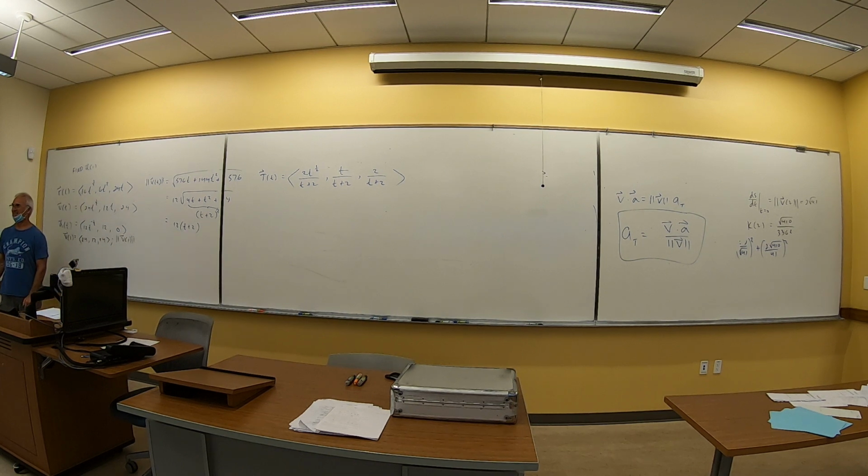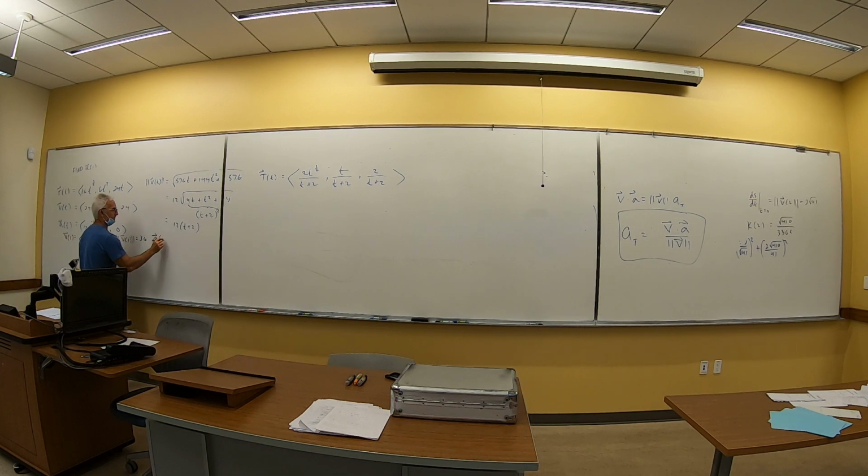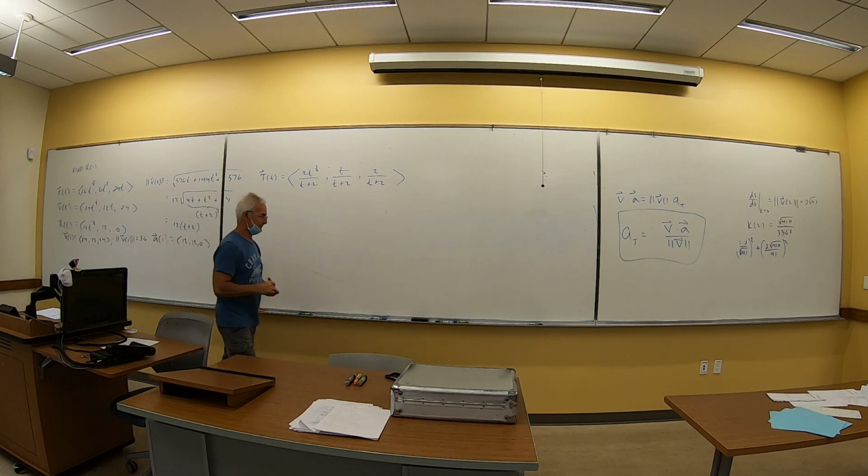That's really easy, isn't it? What's the magnitude of v of 1? 36. And I need a of 1. 12, 12, 0. Okay.